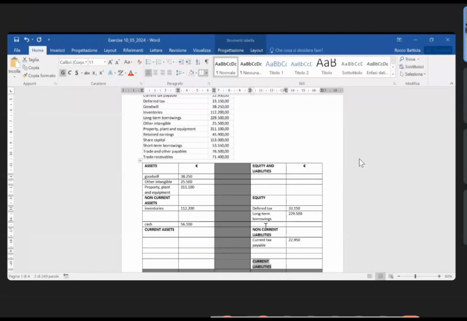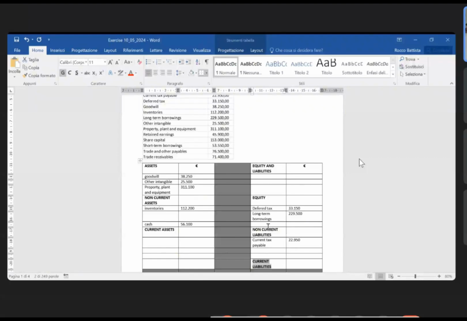Someone else? No, it's not a non-current liability, because retained earnings are like share capital. What I mean is, if your company has a profit, you can decide to distribute the profit to your shareholders like a dividend.